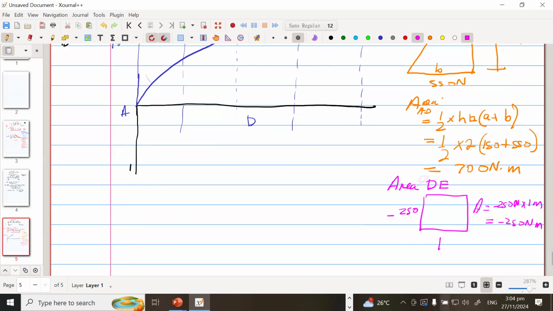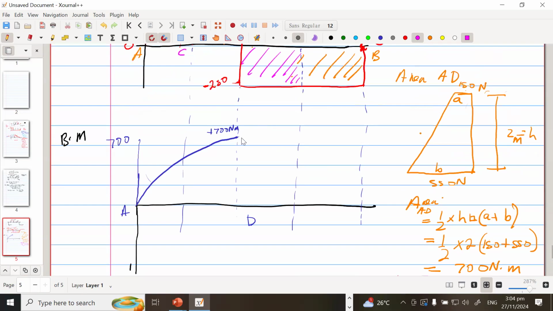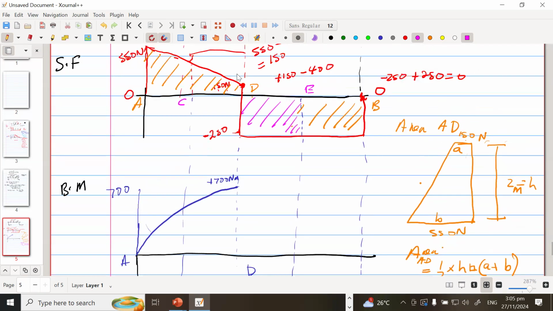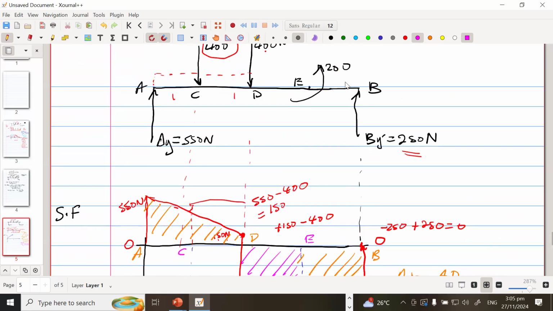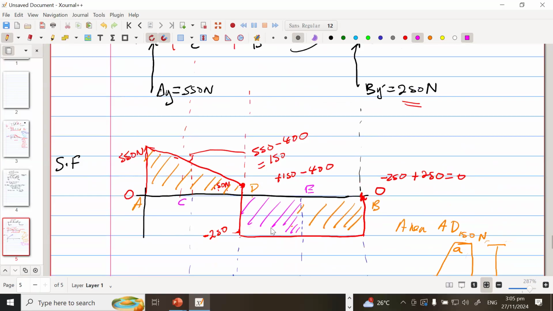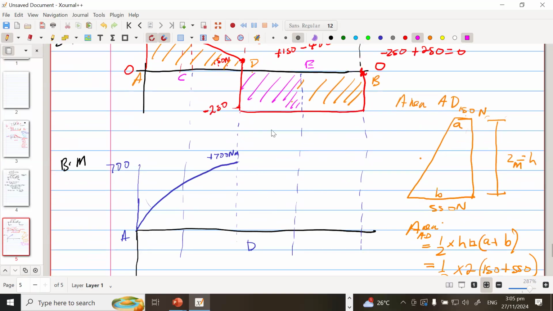So minus 250 added to positive 700. What value are you going to get there now? Remember, underneath your shear force, once it's a simple support beam, DB is a simple support beam, you should be getting a slope in your bending moment. So for the shear force section, it's a slope you're dealing with.